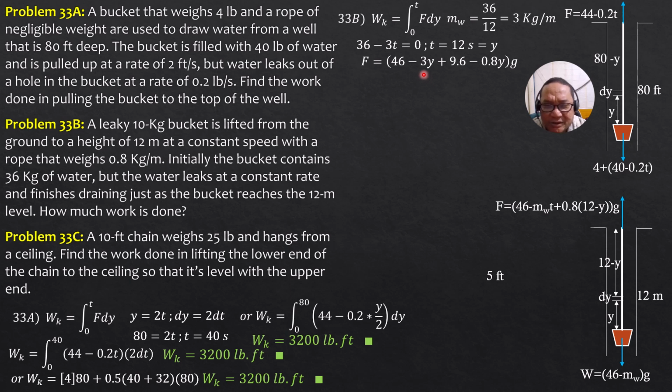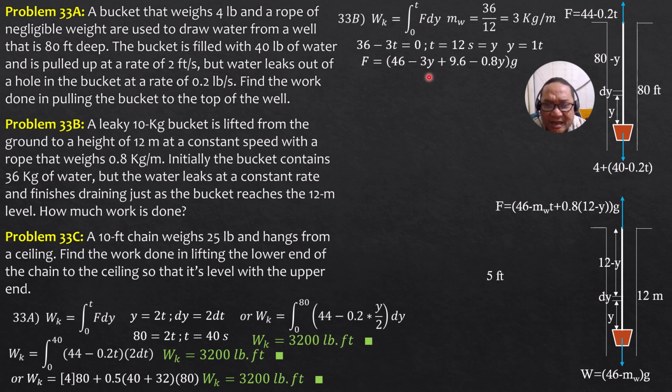So the mass of water that is leaking out is 3 kilogram per meter times Y, which is in seconds also, in meters also. Then minus 0.8 times Y, so minus 0.8 Y, then times the acceleration due to gravity G. Simplifying, Y is 1 meter per second times time.